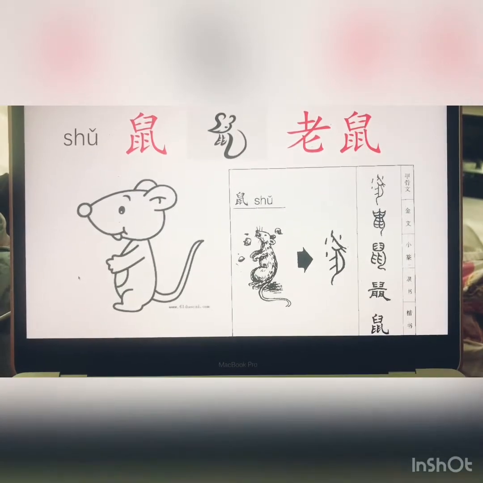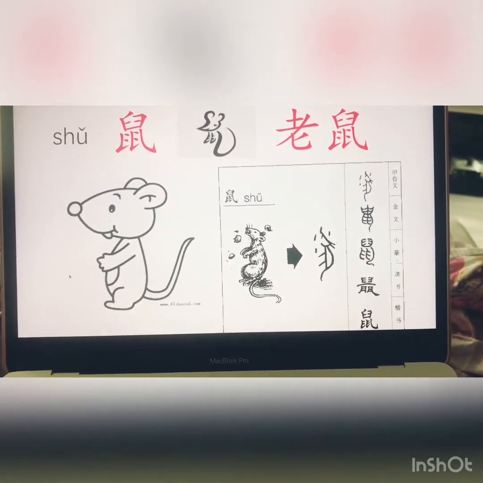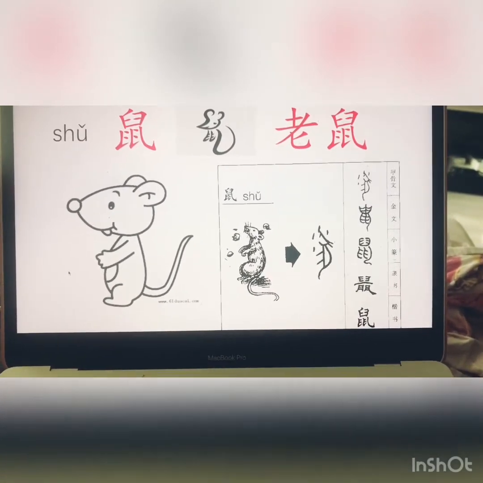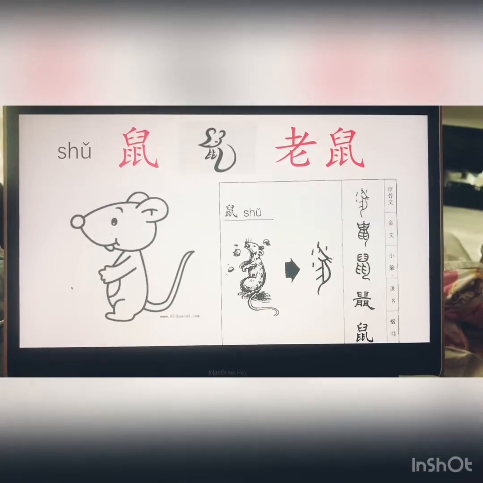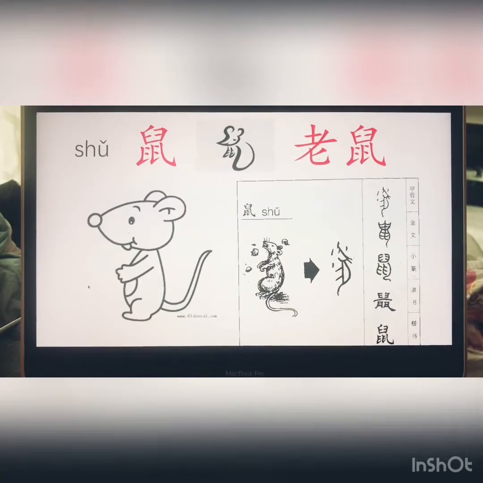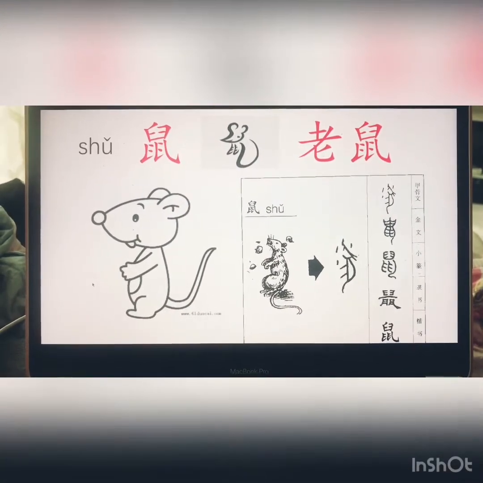Next one, 老鼠, or 鼠. Normally in oral speaking, we don't say 鼠 only. 鼠 is written language, very formal. So in oral, we just say 老鼠. 老 here means old. I cannot explain why we put a 老 in front of the 鼠, which means the rat. It cannot mean the old rat.